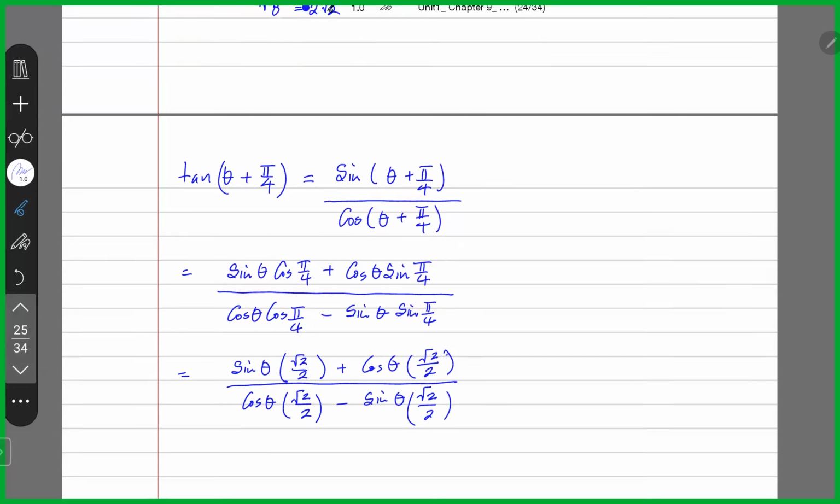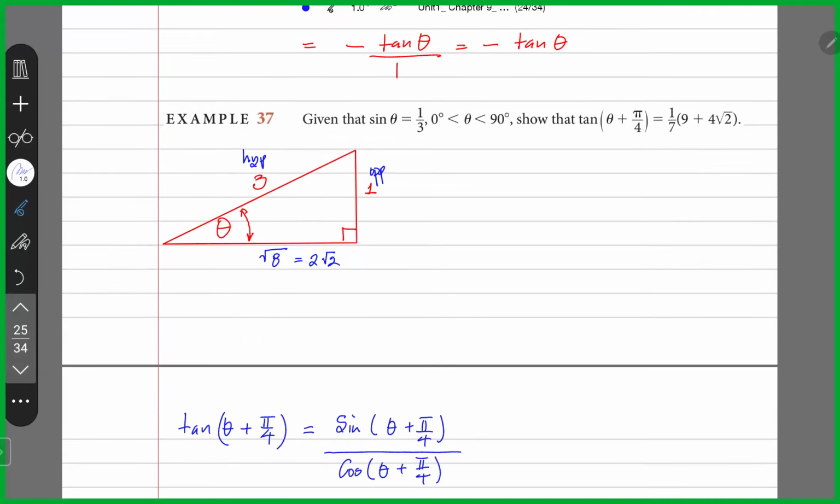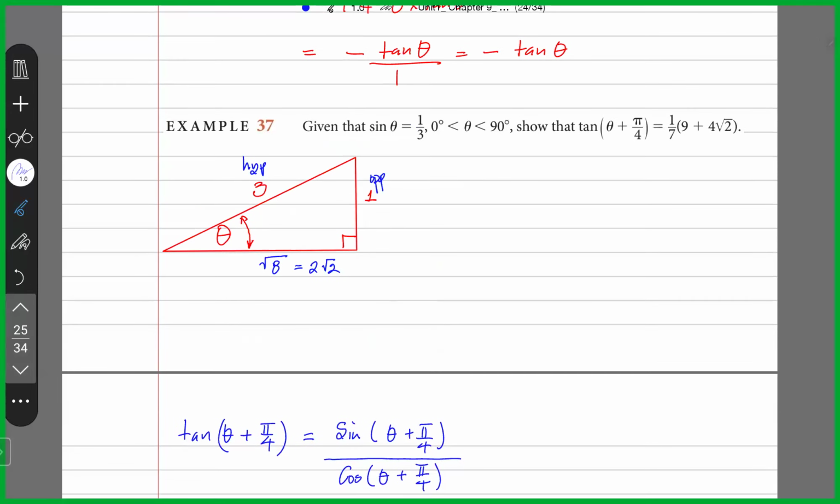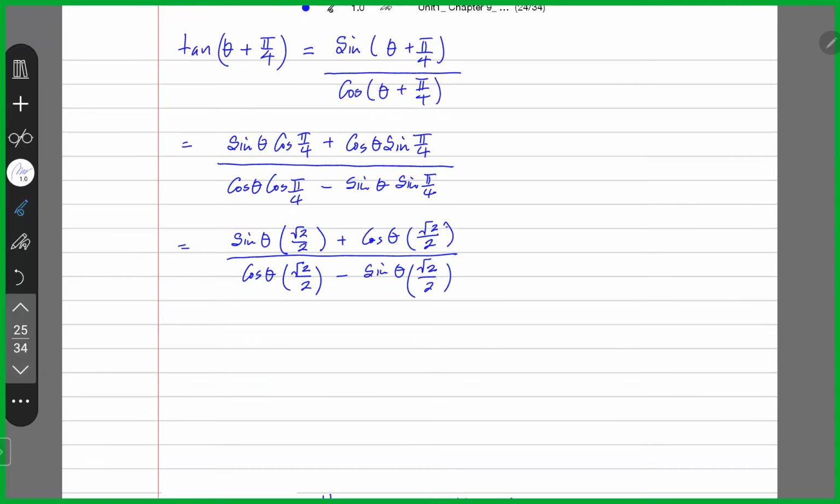All right, I can easily determine what the sine of theta is. Actually, I know that already. The sine of theta, this is given, is 1/3, and the cosine of theta is 2 root 2 over 3. So I can put these in.